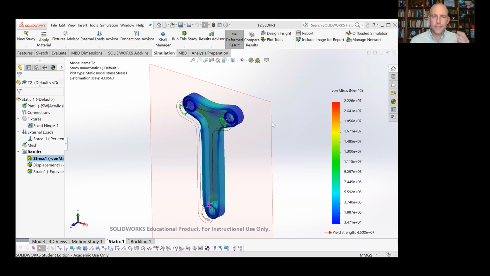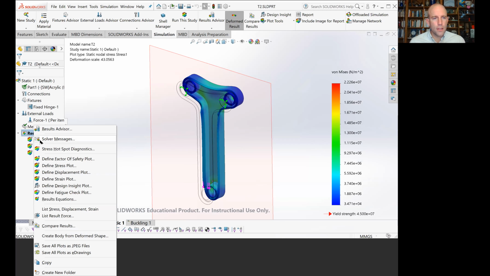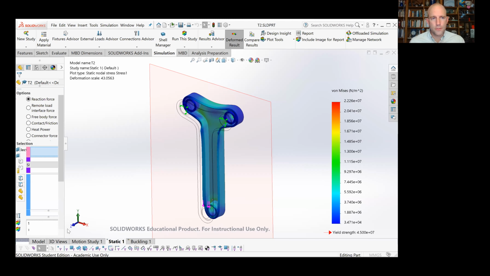All right, so this is that T part that we used in a previous video, and it has these fixed hinge constraints in these two holes. I'd like to see, when I apply this force down here, what are the reaction forces at those two holes? So what I can do is come over to results, right click, and click list result force.